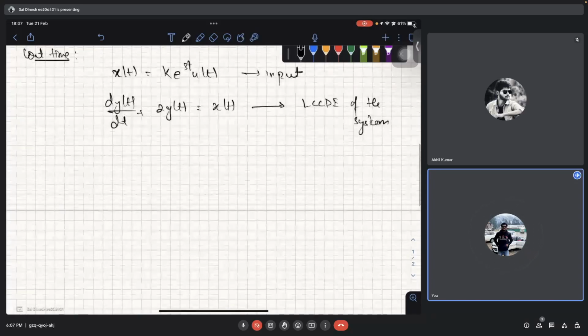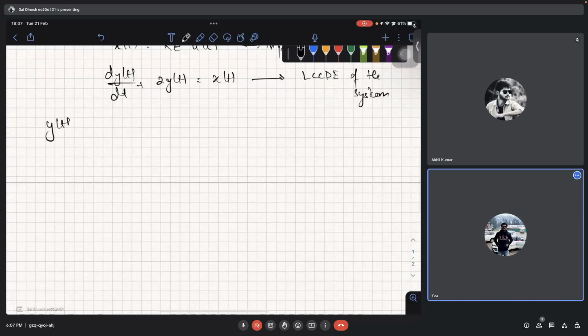Usually the output is a sum of a particular solution and a homogeneous solution.